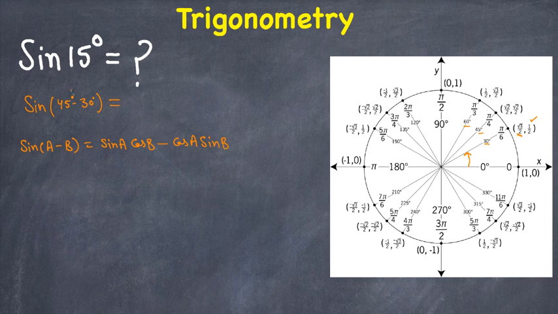Okay, so we can write our values using this trigonometric identity, or they call it t ratio, different names. Okay, so sine 45 minus 30 can be written as sine 45 degree into cosine 30 degree minus cosine 45 degree and sine 30.